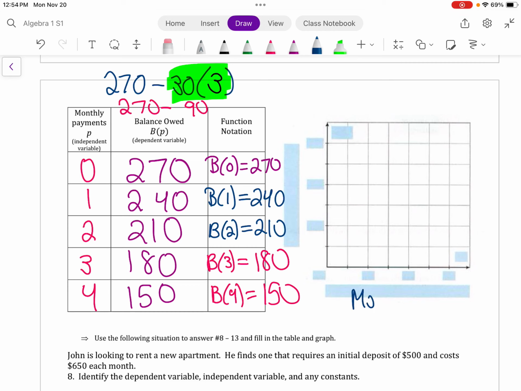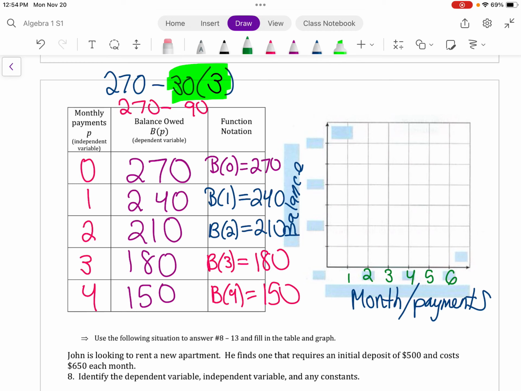So months paid, so the months are the payments, because we made it into P, and then the side is the balance, so the balance of how much you owe. Okay, so then we have 0, 1, 2, 3, 4, 5, 6.